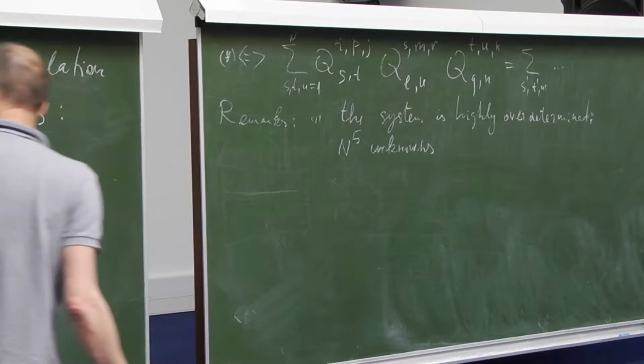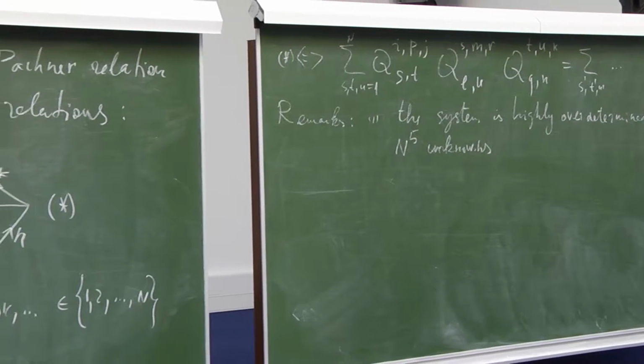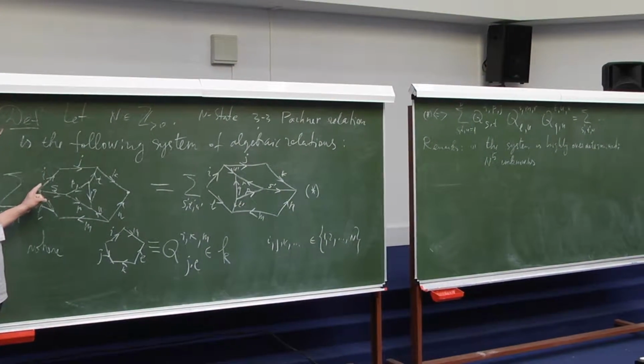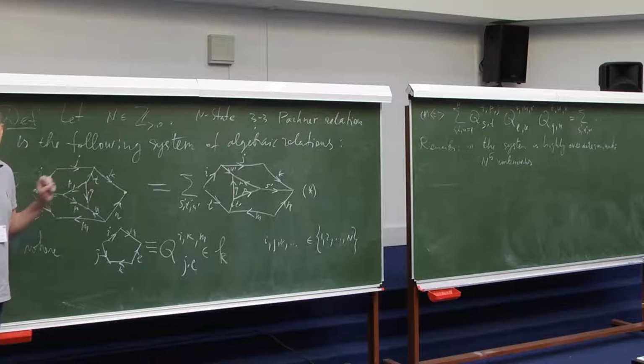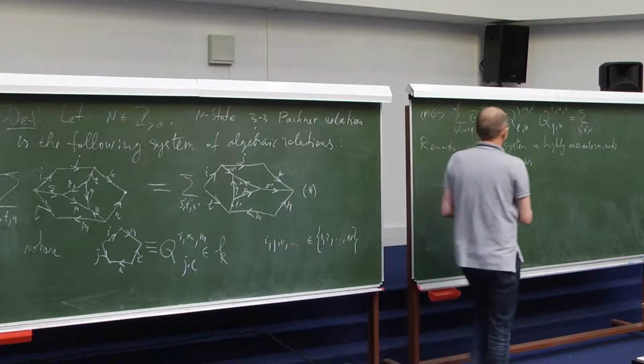Just the number of components of Q, I, J, K, L, M. Each index takes n values, so we have n power 5 unknowns. Now if you count the number of equations, it is n to the power number of boundary edges of the picture.